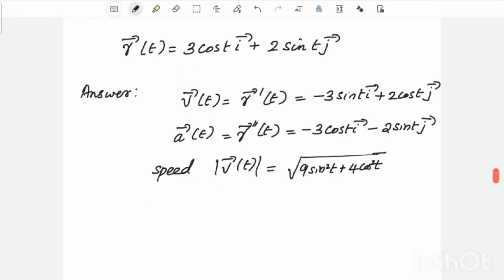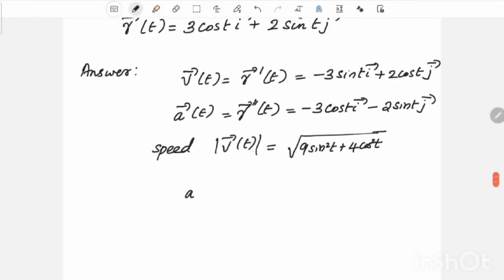Here we can note that vector a of t is equal to minus vector r of t. So the acceleration vector is directed towards the origin here.